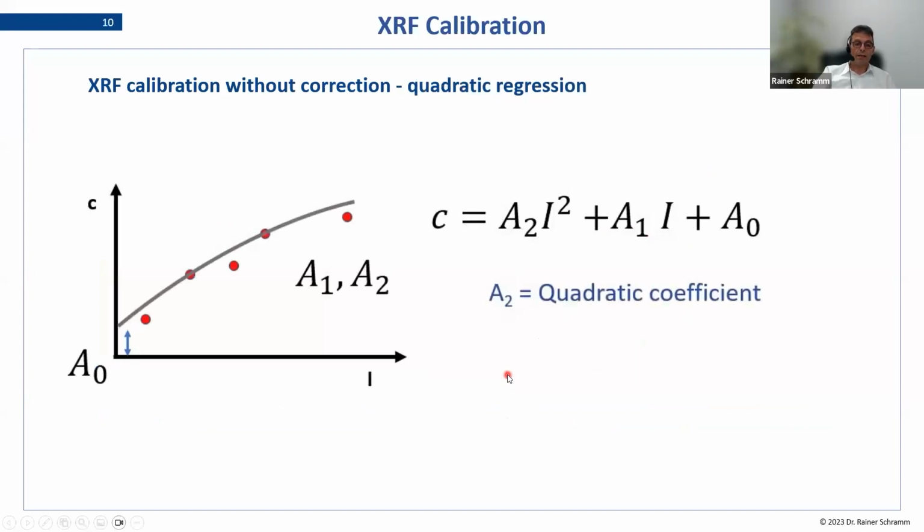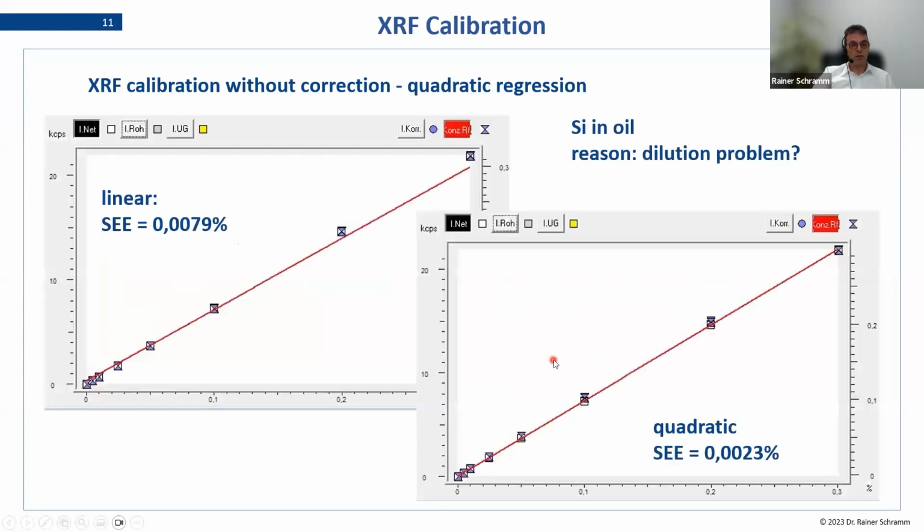There are some rare cases where you could use a quadratic approach. And I would tell you, be very careful in using this, because there is a high risk that you overcorrect your calibration. I will give you 2 examples where I would use it. The first, for example, is silicon in oil. What we observed here is that with increasing concentration, there is more intensity measured. So you see, it's a bit curved up here.